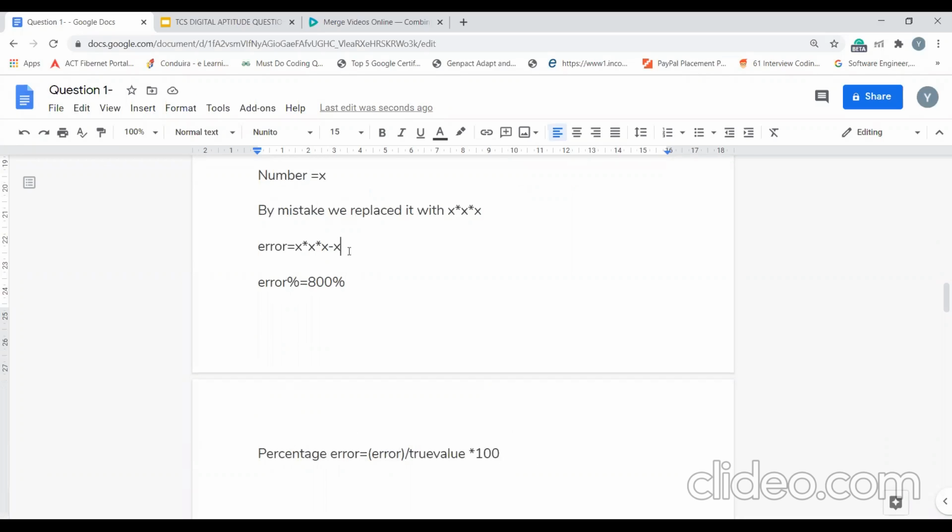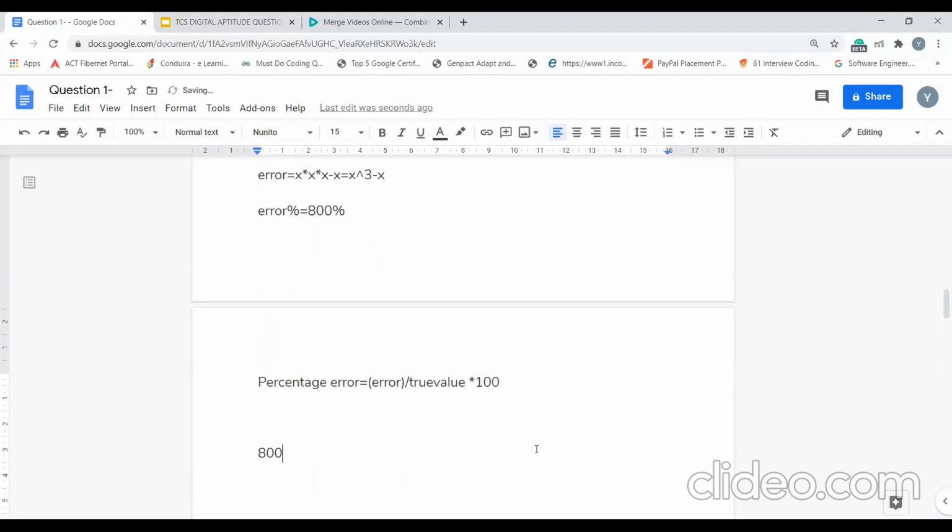We know that error is x power 3 minus x. So we will substitute all the values here: 800 equals x power 3 minus x, which is the error, by true value x, into 100.